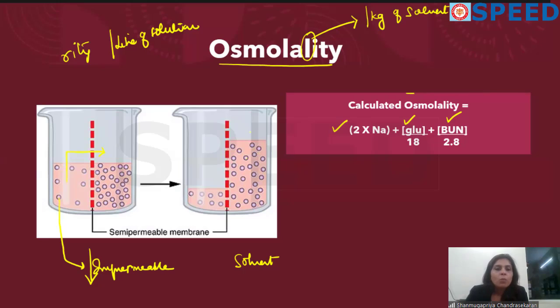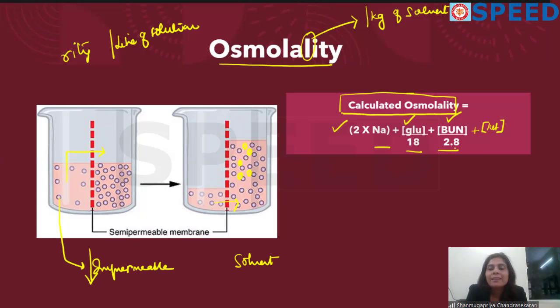For example, what if there is diabetic ketoacidosis, which has added ketone bodies to the circulation? That will cause osmotic movement, which you're going to miss because you don't have a provision to include ketone body concentration in this formula. So the limitation of calculating osmolality is that it uses only the effect of normal solutes. It does not include the effect of abnormal solutes.